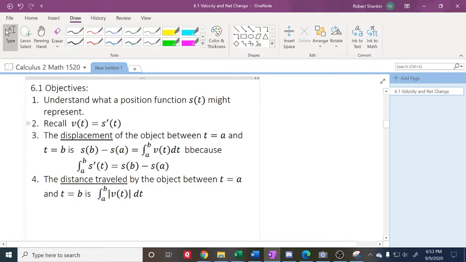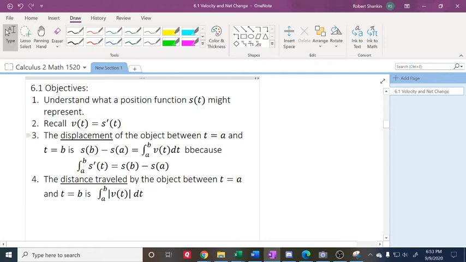The displacement of an object between A and B is the difference in the S's. So if S is a position function, then when you take the difference between your position at one time and the other time, that's called the displacement. And that's also the integral of the velocity.